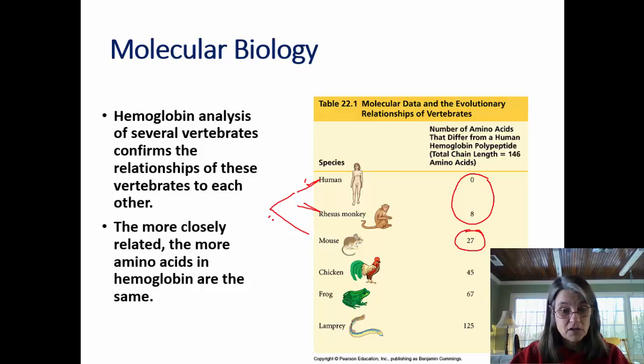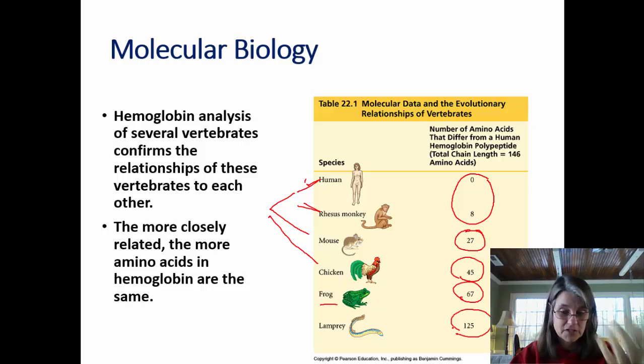But a human and a chicken are even further apart with 45 amino acids difference. A human and a frog, 67 amino acids difference, and a lamprey, which is a very primitive fish, 125 amino acids difference. So that is exactly what Darwin would have predicted, what we would think if evolution, as we understand it, is so.